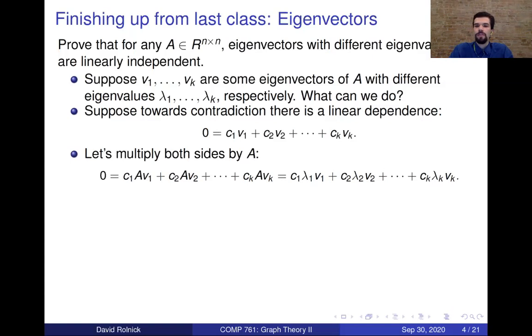What now? We have two linear combinations, both of which are equal to 0.